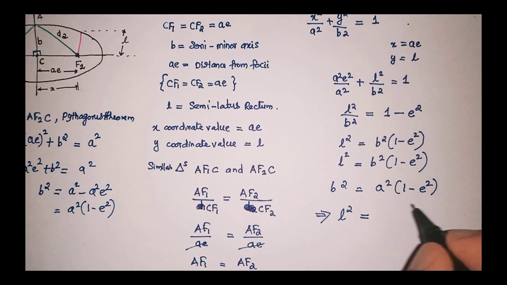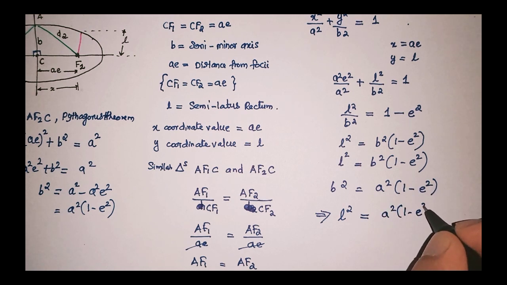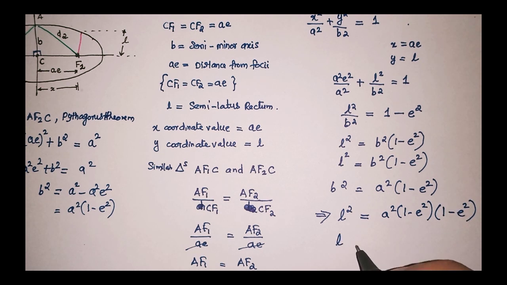It is nothing but a square into 1 minus of e square into 1 minus of e square, and you come up with L is equal to, we normally take plus or minus, but we are more interested in the positive region, so we go with the positive sign, and L is equal to a into 1 minus of e square.